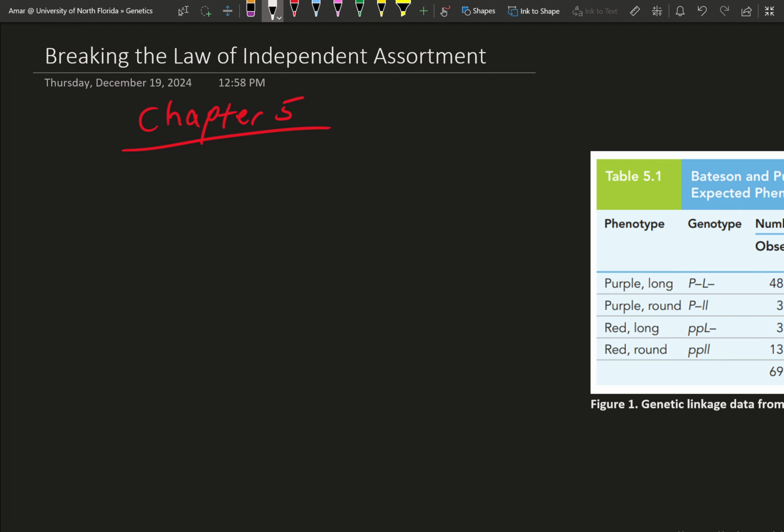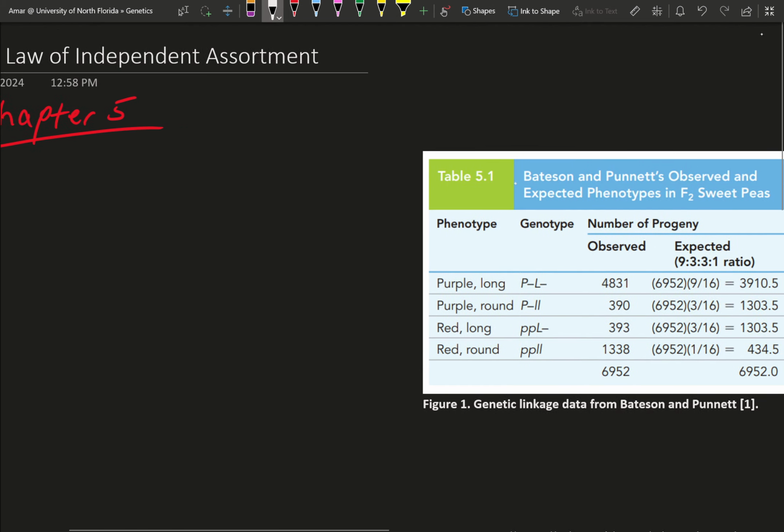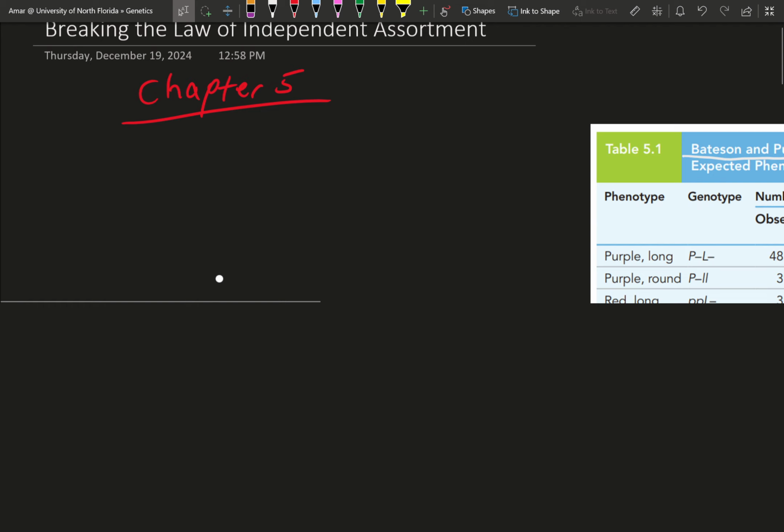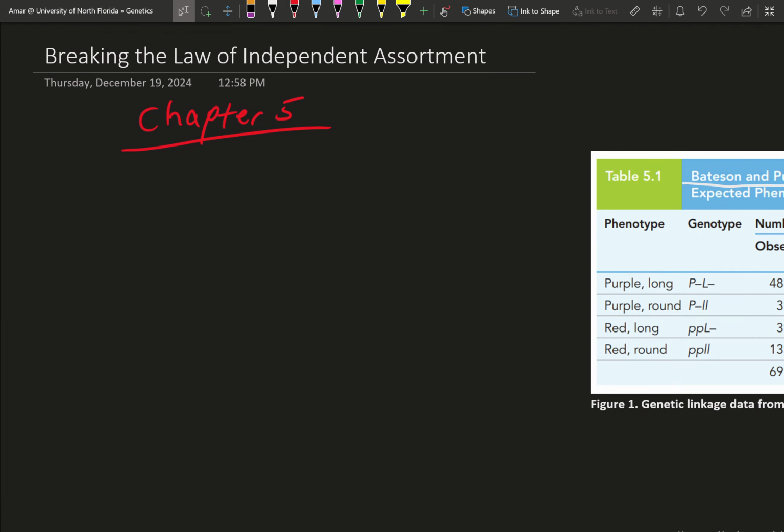To introduce this topic, the people involved in this process were Bateson and Punnett, and Thomas Hunt Morgan. These three individuals took a couple of flies.